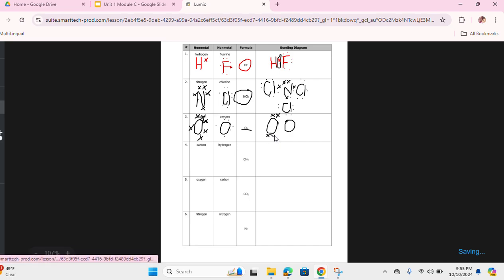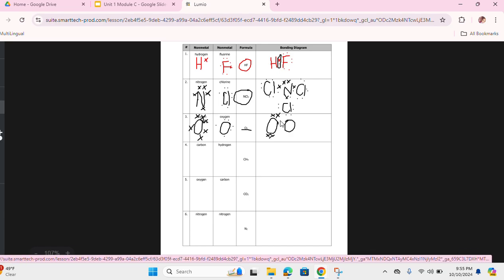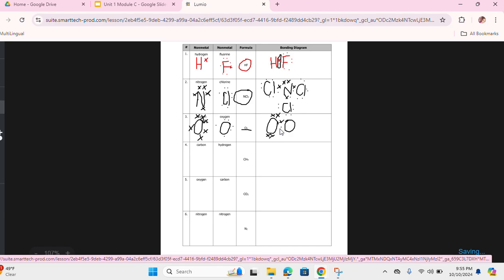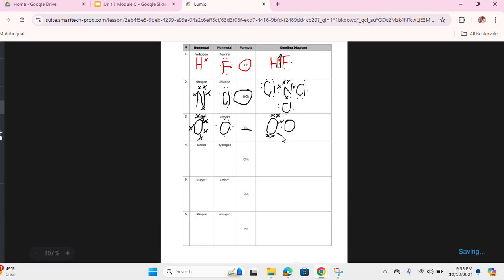And then the oxygen will form double bonds. So I will put 2 electrons here in the middle for my oxygen on the left.